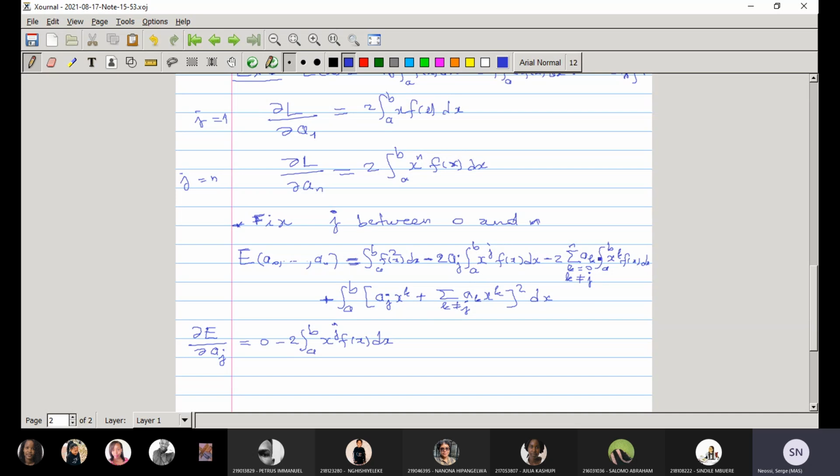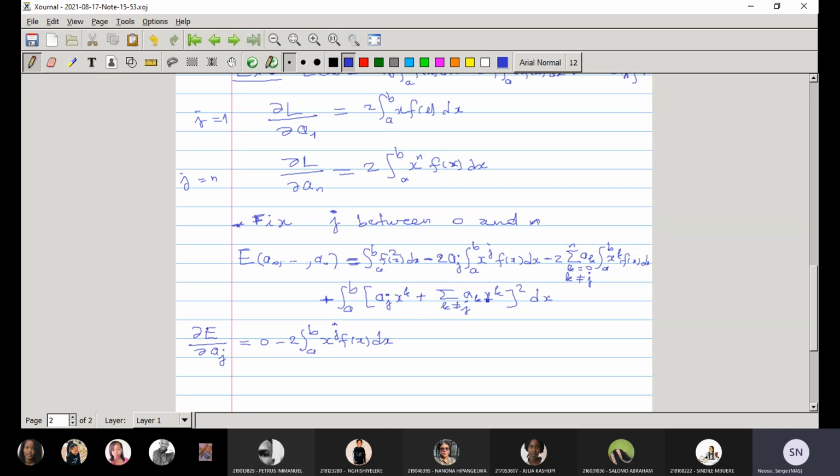So a sub j does not appear in this term. Good. Now I come to this term, I apply my chain rule. I can differentiate under the integral sign because this integral does not depend on aj. So I can take the derivative inside the integral.